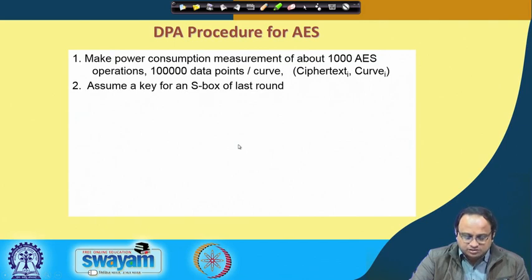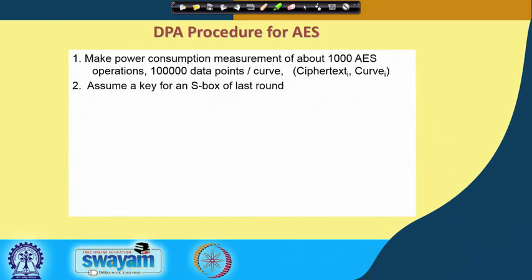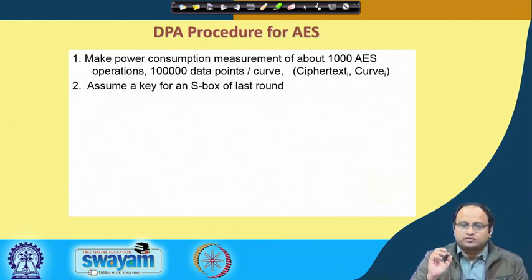As I have said previously, this attack is essentially a divide and conquer attack, which means you do not guess the entire key together, because then it would be a brute force attack, but rather you do the attack part by part. So you guess parts of the key, in this case a byte of the key, one of the key bytes which I want to determine. That means guessing 8 bits of the key.